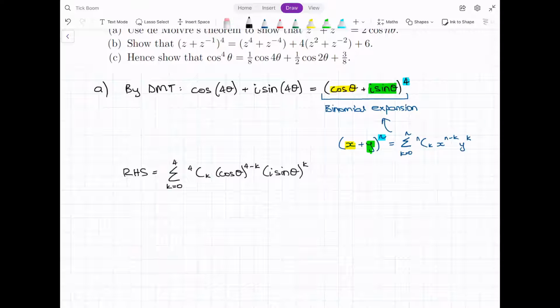So we're just going to loop through for all the values of k. k is equal to 0, 1, 2, 3, and 4.